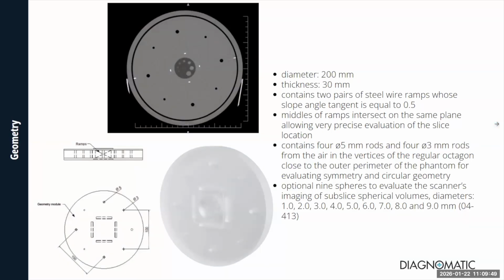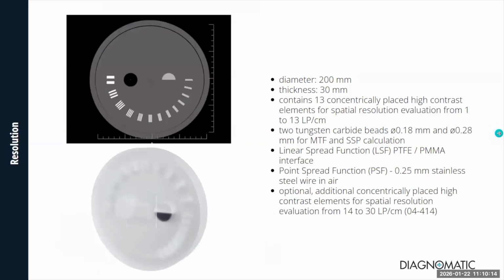Geometry is also an important model to evaluate. Again, with the outer lasers and the markers on the body and the internal part, the geometry model helps us to verify that the geometry is okay.